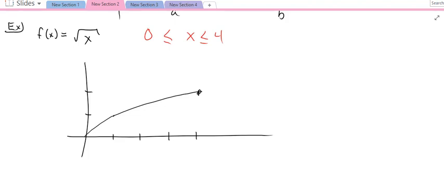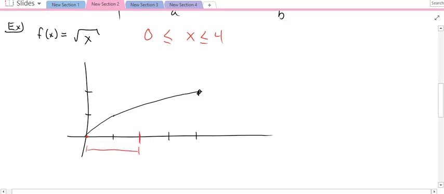When we say we're using a left endpoint to make our rectangle, let's say I split this up into two different intervals. So I've got a length of 2 here and another length of 2. And we always like to split things up so that they're uniform like this. So a left endpoint would be, I take the left side of this interval from 0 to 2, and I draw my rectangle with that as a height.